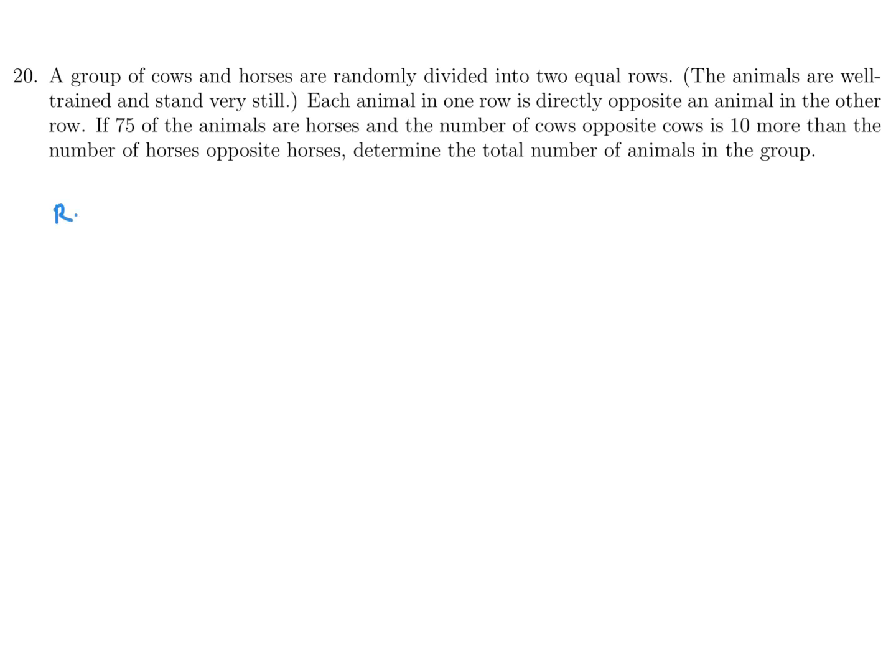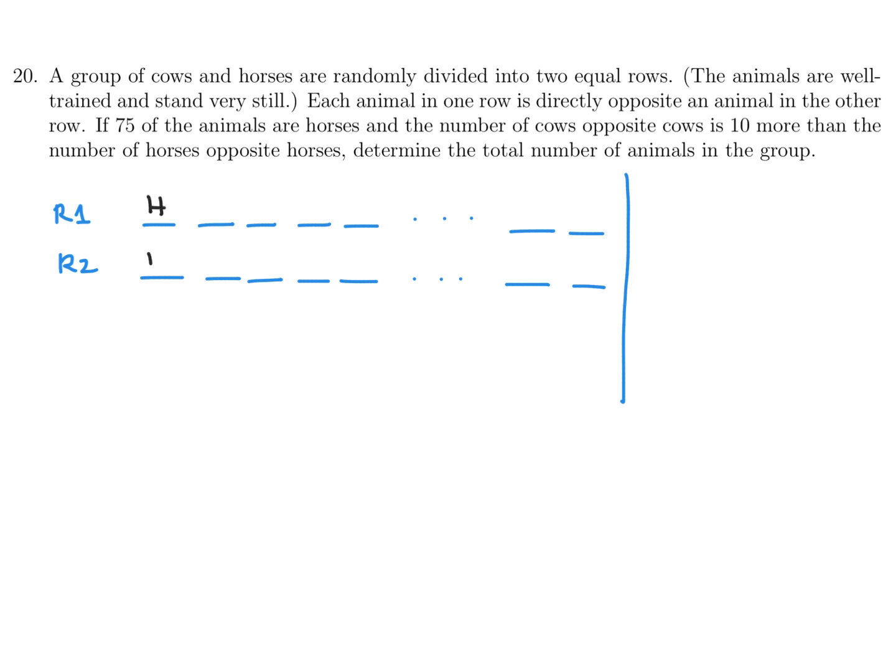So we have R1 and we have R2. And we've got some sort of an arrangement of animals. Let me just try to figure this out first. For example, if we had a horse opposite a horse, or a cow opposite a cow, or a horse opposite a cow, or a cow opposite a horse, and so on.